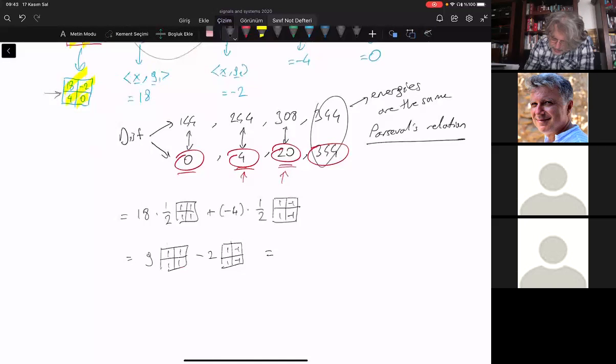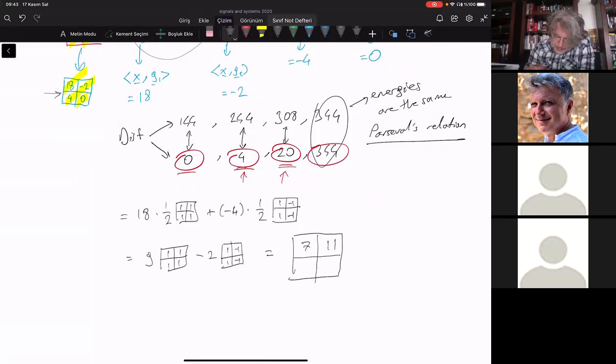So let's write it in a larger box, pixel by pixel. The top left corner is 9 -2, which is 7. Top right one is 9 plus 2, that is 11.